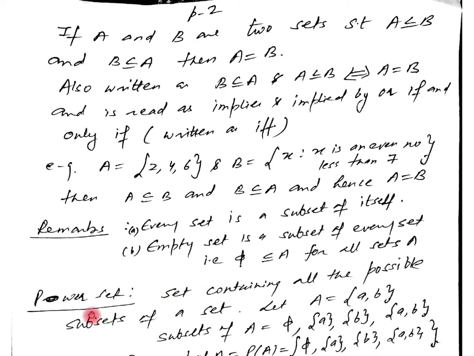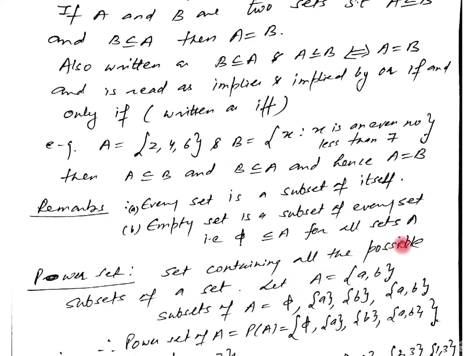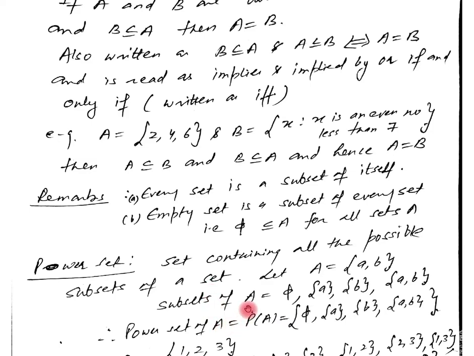Now here the word is power set. It's very simple. Power set means the set containing all the possible subsets of a set. Let A equal the set {a, b}. Let me write down its subsets. So what are the possible subsets? Phi you always have to write, because phi is a subset of every set.